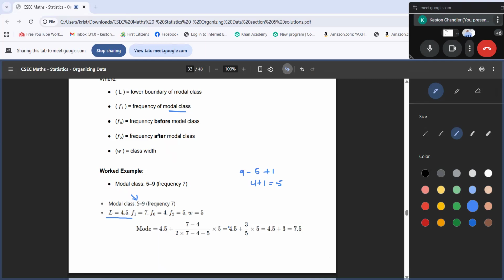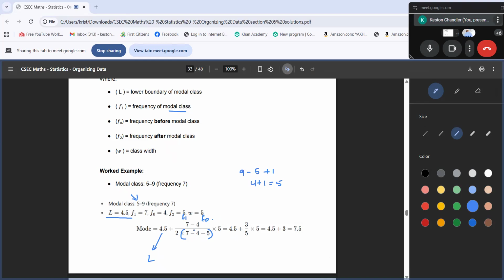And we are plugging these values into the formula. So this is my L value. This here is my F1 value minus my F0 value. And then we have 2 multiplied by this. So you want to bracket this off, because what you want to do is work out inside of here first and then multiply by that number.